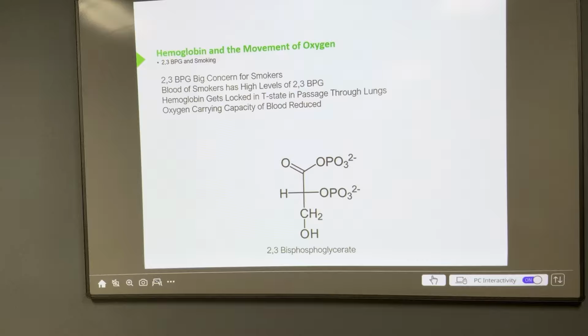If you stop smoking, it will return back to normal, because it is the nitric oxide, the carbon dioxide and the carbon monoxide that are binding and locking the hemoglobin into the T state.